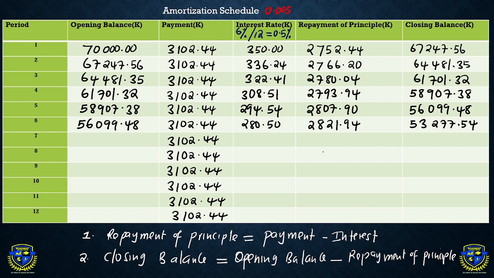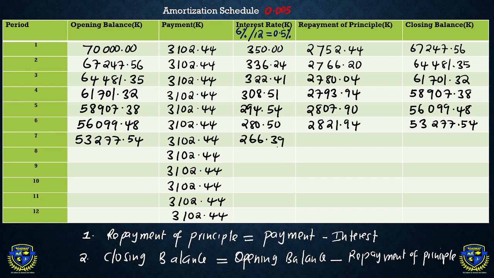Remember, the closing balance here is going to be the opening balance as 53,277.54. Okay, so this opening balance multiplied by 0.005, it's going to give us a 266.39.